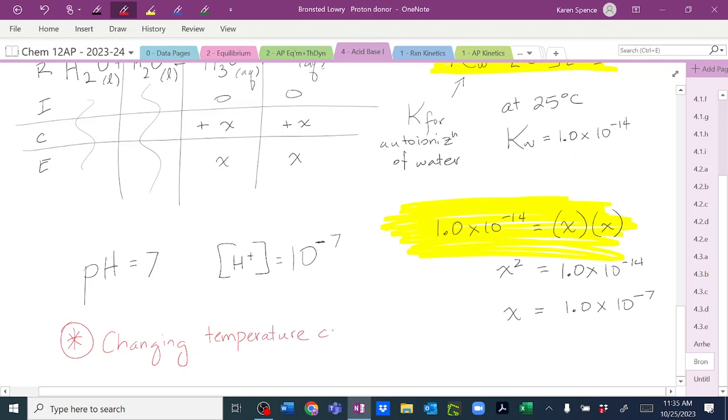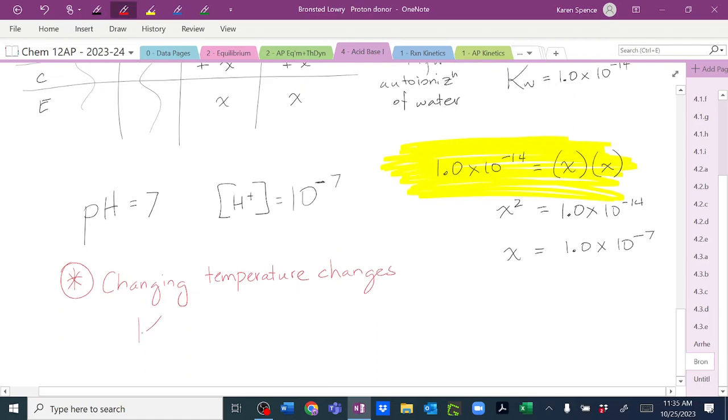So for example, I'm going to quickly look up the K value for water at, shall we say, 75 degrees? Let's see what we got. Kw of water.